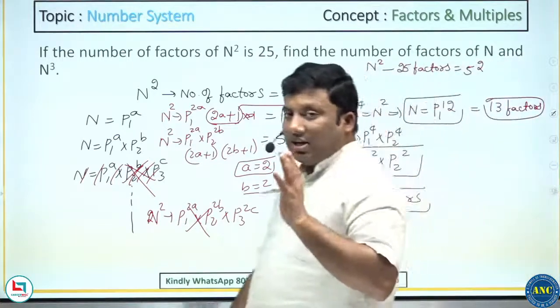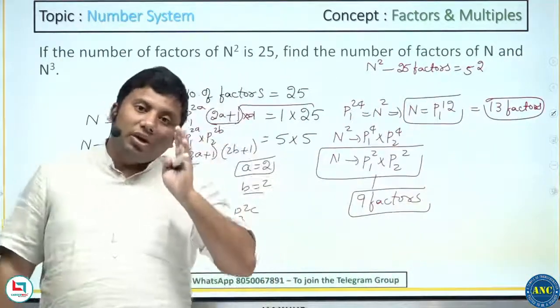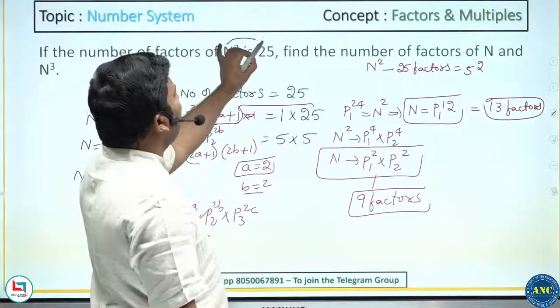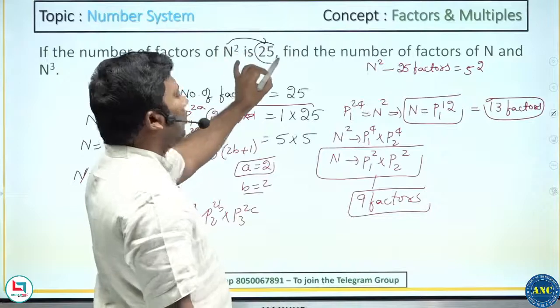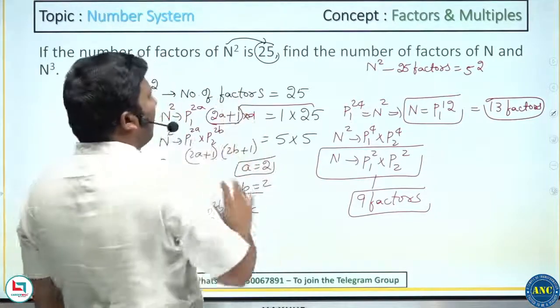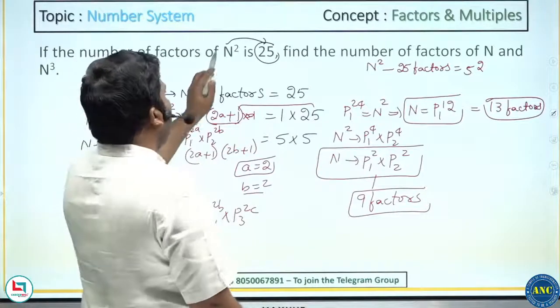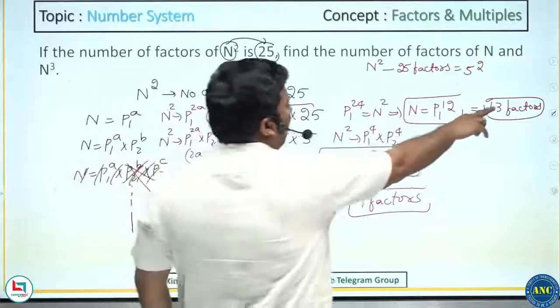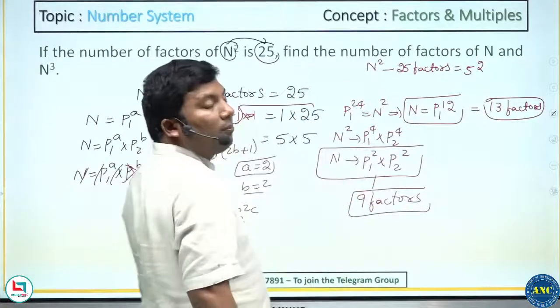Always see here, sir, you have to keep an eye on the answer options to be very clear. Factors for n square it is 25. 25 it is odd number of factors. That means this number is a perfect square. Perfect square always will have odd number of factors.